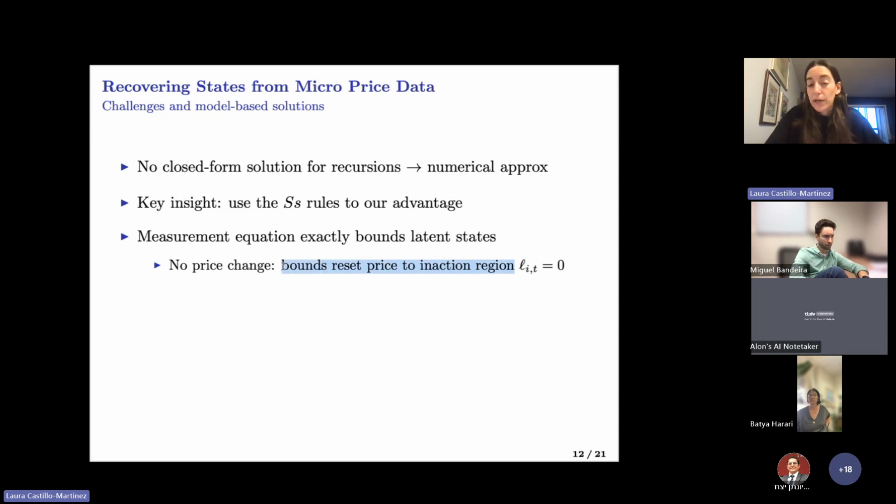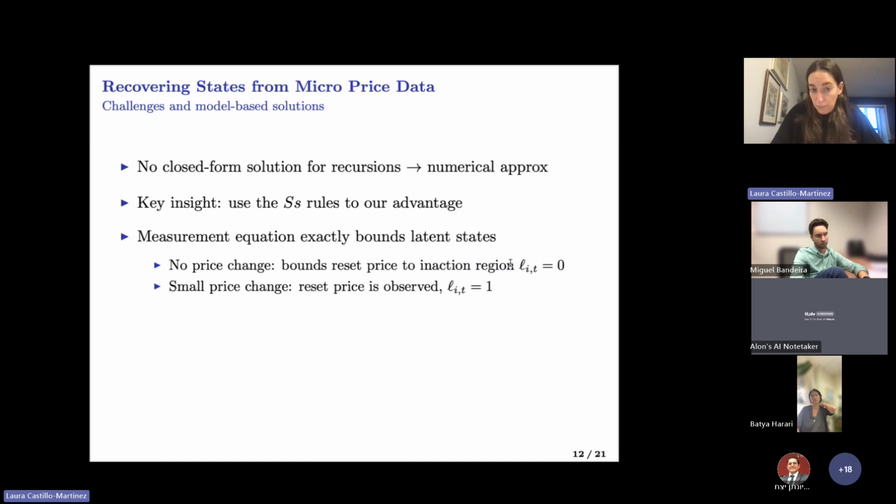We don't know exactly where it is because there's no price change, so it's not equal to the price that we observe. But we do know, conditional on the parameters, that it has to be within the inaction region. So we are narrowing where it can be landing in terms of the grid that we want to construct.